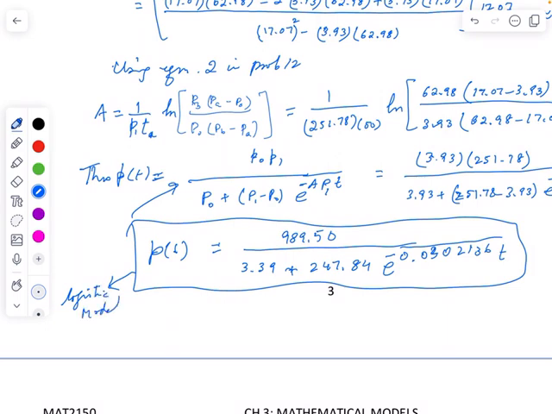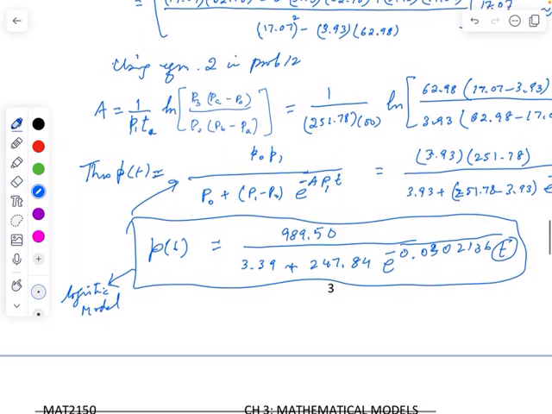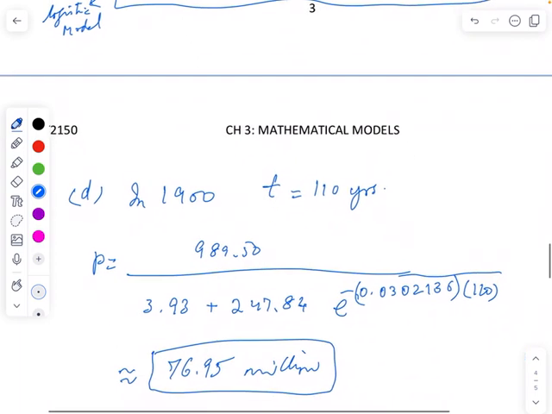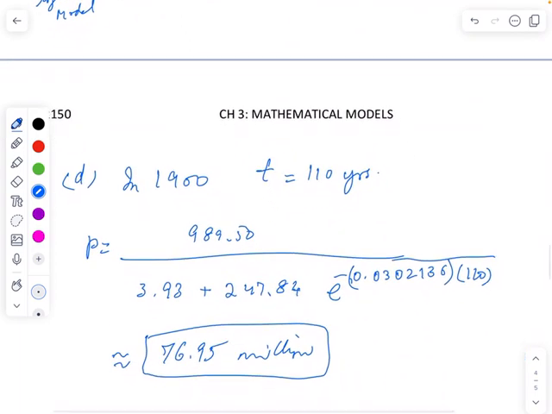Note that here the only unknown is t. So now we can evaluate the population at any time t, starting from 1790 even to the present. The B part was that we now use this model to predict the population for 1900, so everything stays the same.